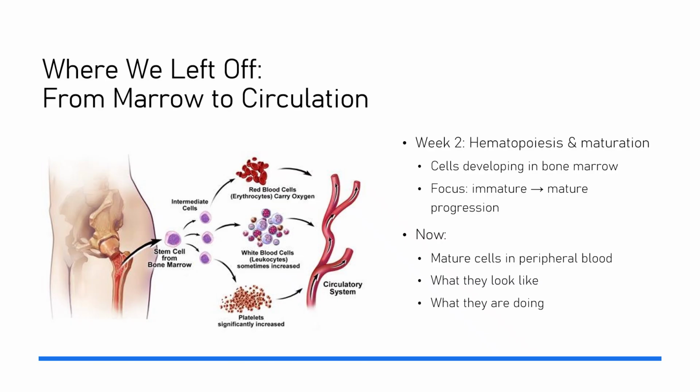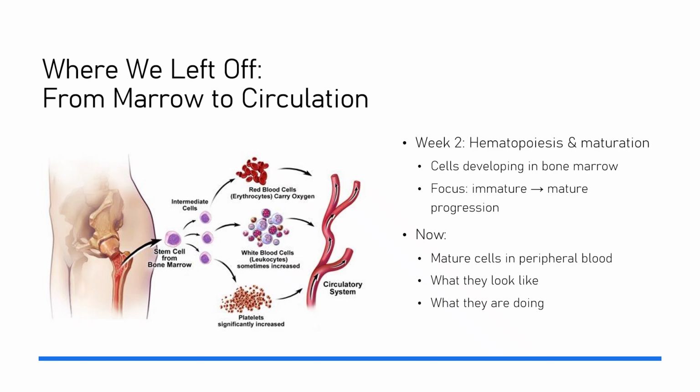Now, once those cells finish their maturation process, they move out of the marrow and into the peripheral circulation. That's what we're focusing on now. We're no longer looking at immature precursor cells. Instead, we're looking at fully differentiated cells performing their immune functions in the bloodstream.